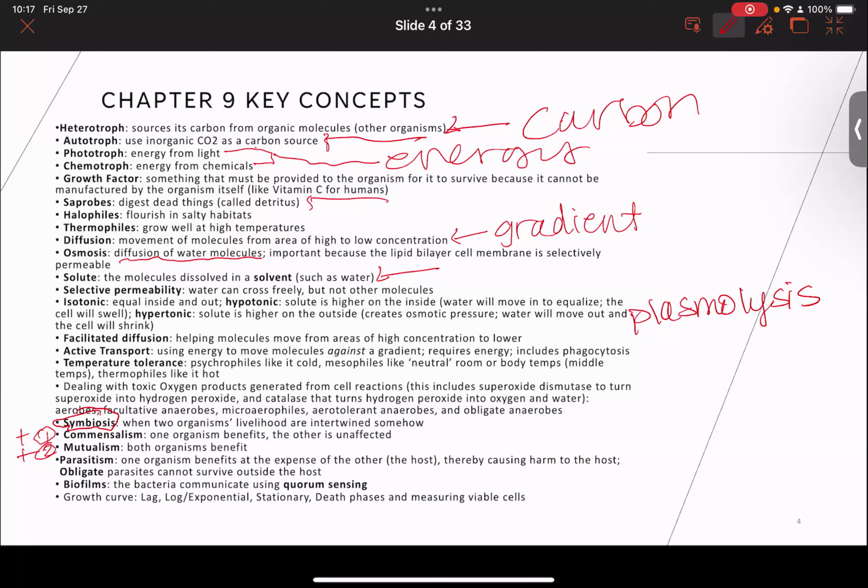It might be sooner than that, it might be chapter 13, actually, now that I think about it. I'm not sure. But yeah, we'll talk about where your biome comes from and things like that.